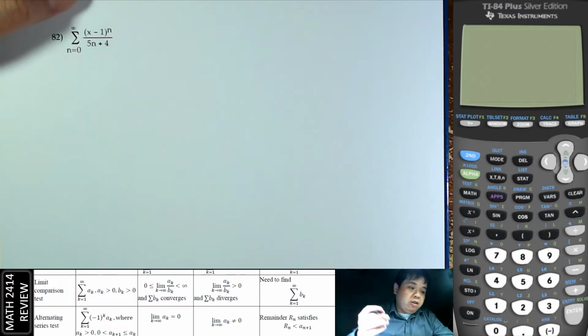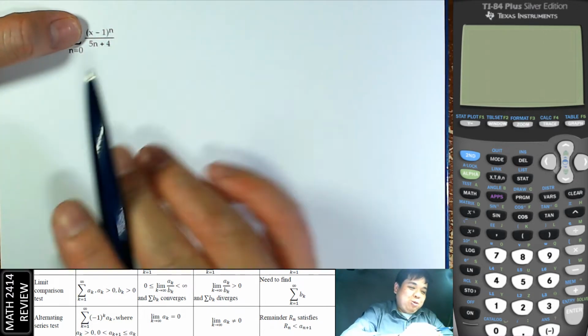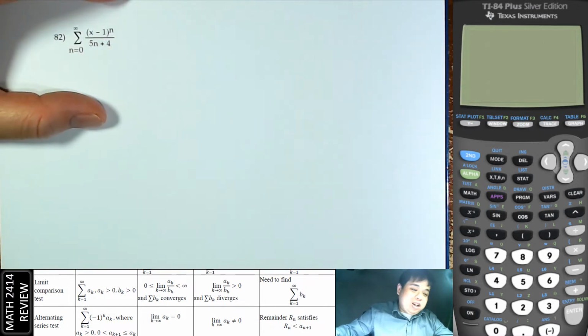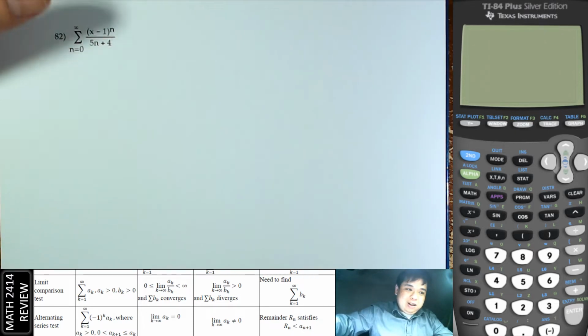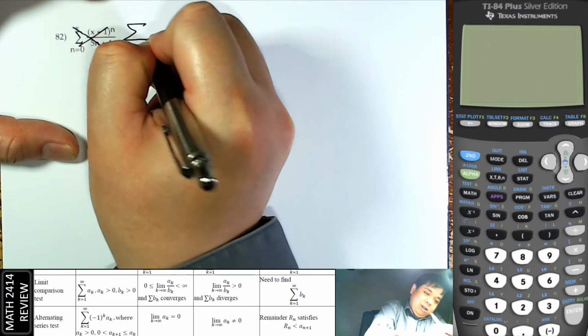I have to pause the video because this problem looks almost the same as the other one, so the answer could be similar. So what I do is I make one change here.